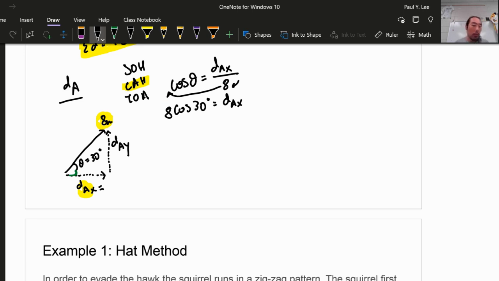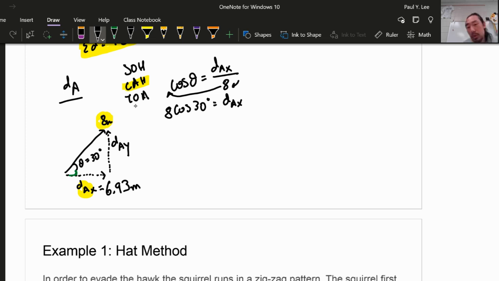All right, and at that point, I'm just going to plug exactly what you see into my calculator. And I encourage you to do the same so that we can check to see if we have the same results. So I got that dAx is equal to 6.93 meters. In physics, two decimal places, A-OK.